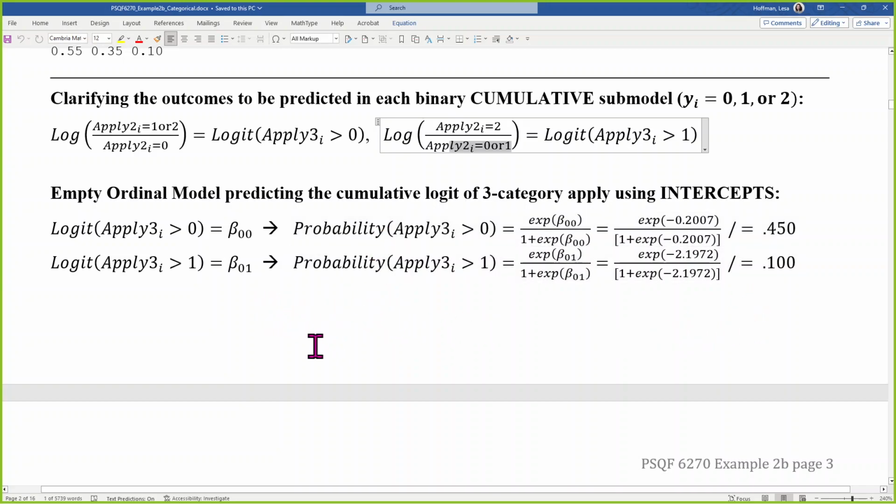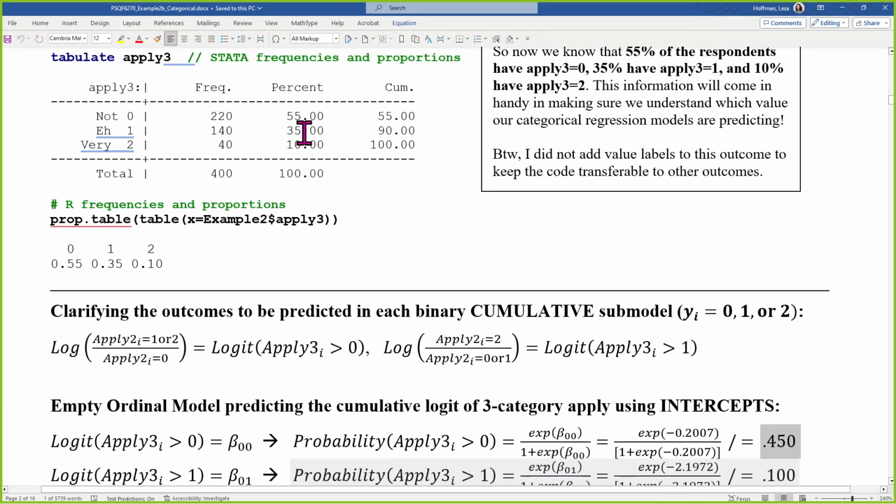So if my model is working the way that I think it should, then what I should get back are predicted probabilities that match this table. So the first submodel is predicting the probability of a 1 or 2.